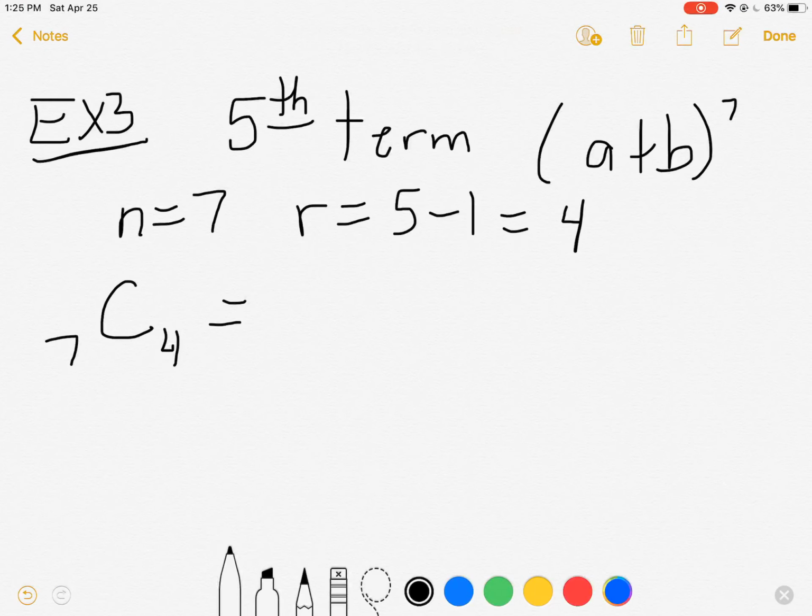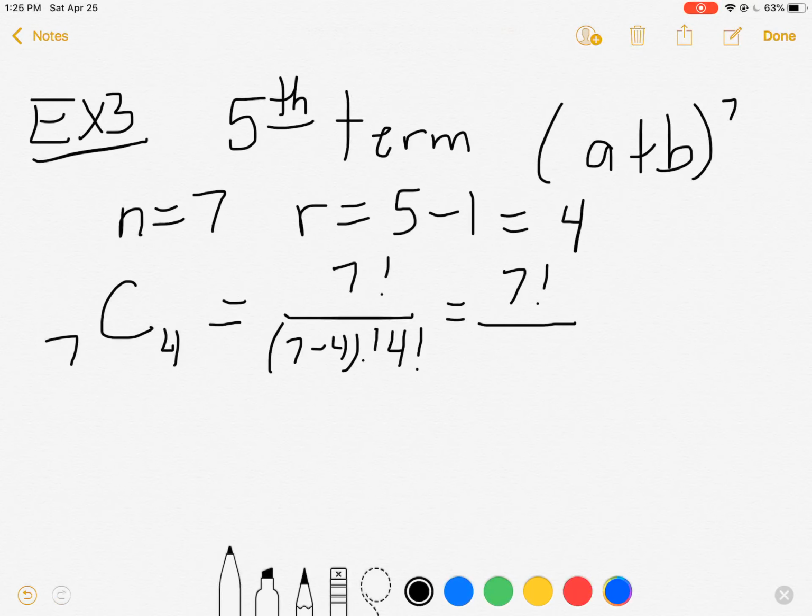I could just put that in my calculator, or I could say 7 factorial over 7 minus 4 factorial, 4 factorial. So that's 7 factorial over 3 factorial, 4 factorial. Remember, factorial means to multiply, so I'm going to say 7 times 6 times 5 times 4 factorial.